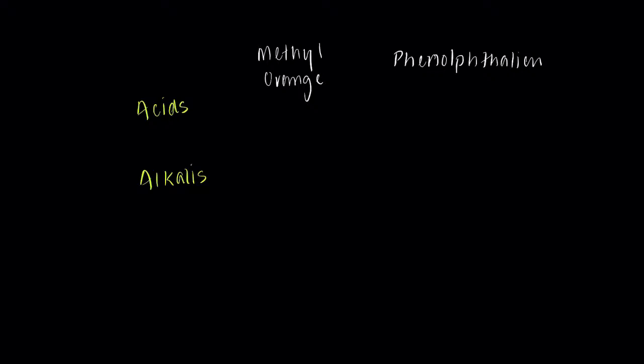Methyl orange is red when it's in an acid, and yellow in an alkali. Similarly, phenolphthalein will be colorless in an acid, and it'll be pink in alkalis. And these are called indicators.